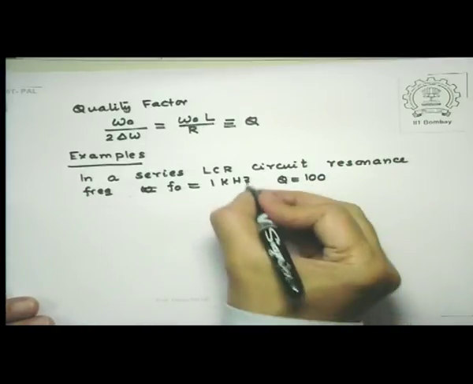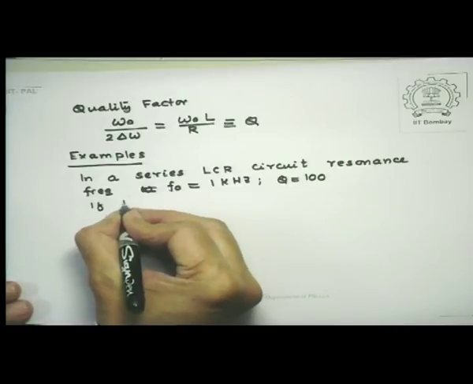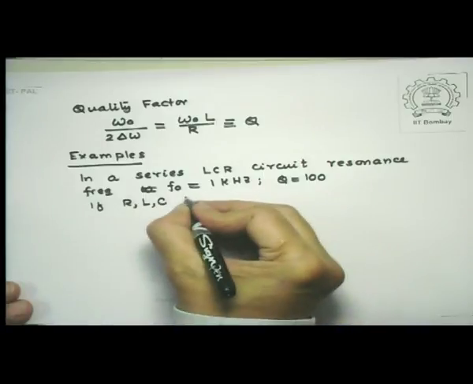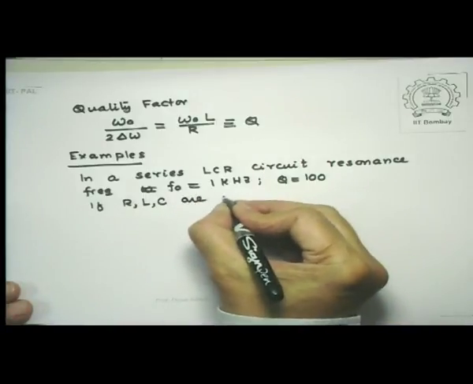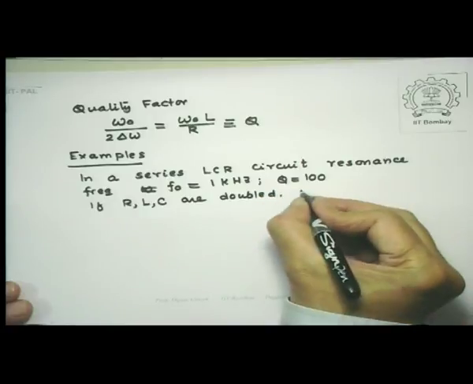Now suppose I double R, L and C, each of them is doubled. What would happen to Q?